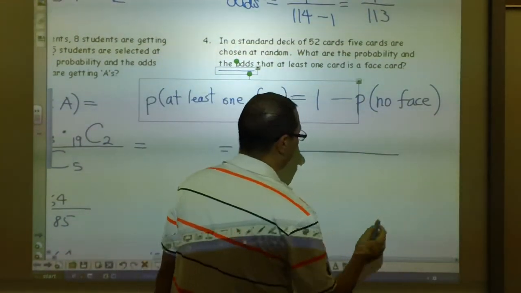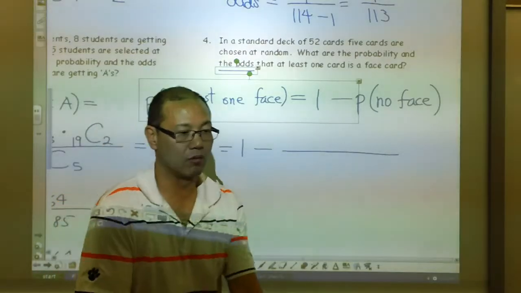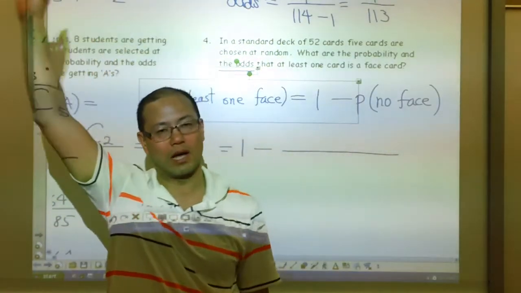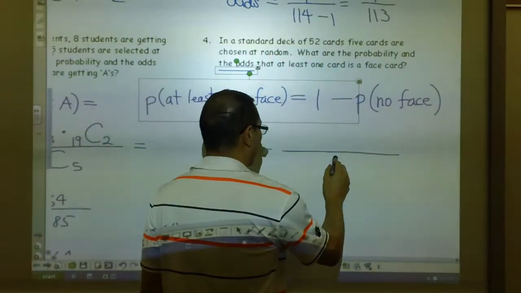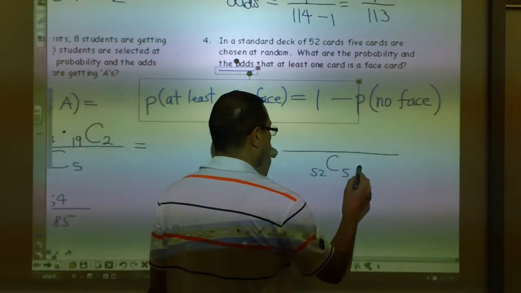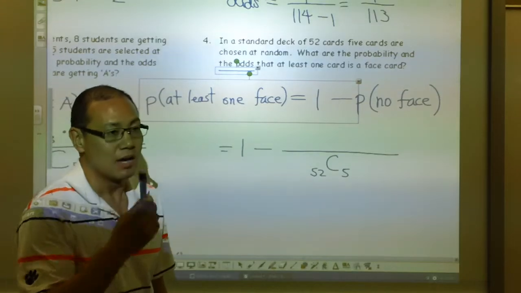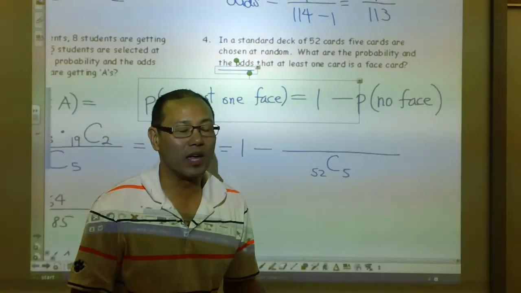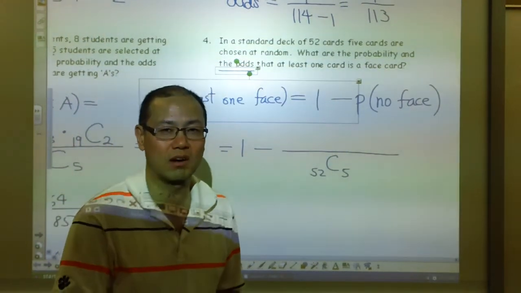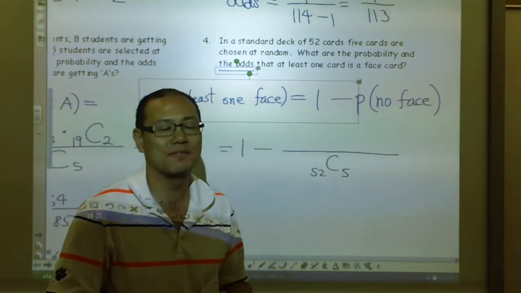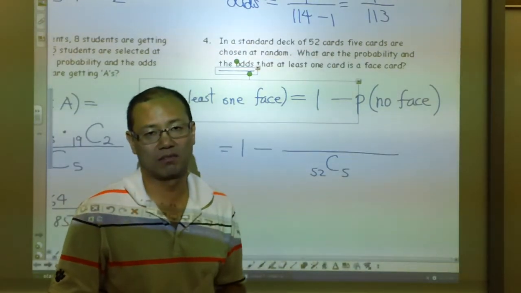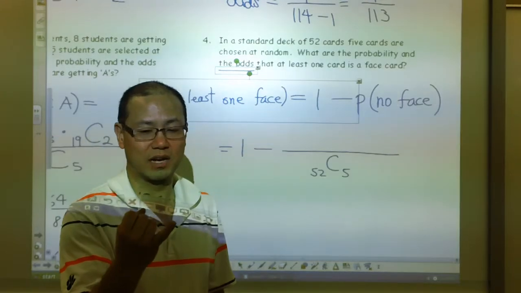What is the probability of having absolutely no face card? Once again, let's do all the total outcomes, which would be combination of 52 choosing 5 at a time. And now on top, what are all the ways that you could group no face cards? How many non-face cards are there? Well, there's Jack, Queen, King.